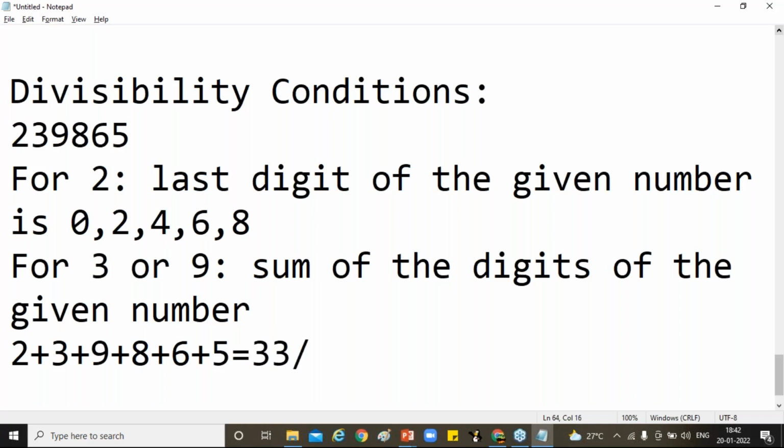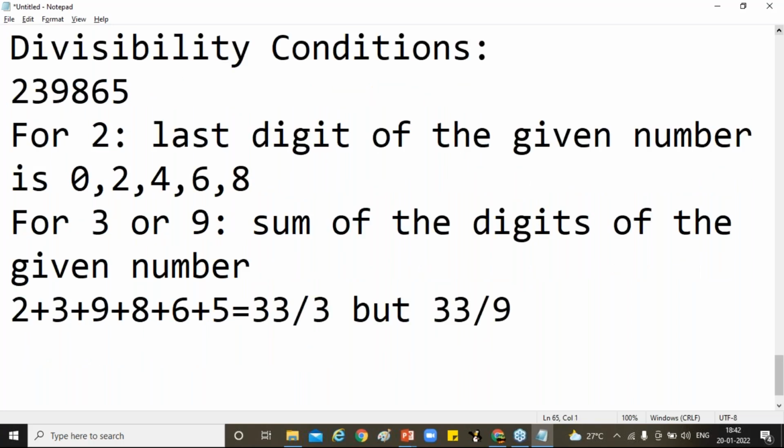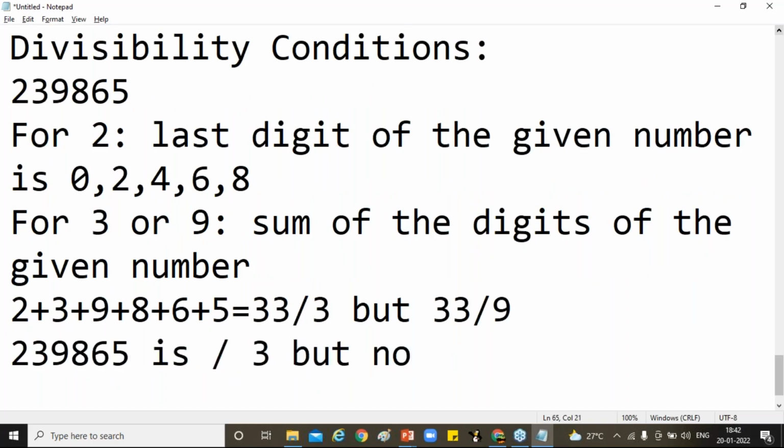Is 33 divisible by 3? Yes. So it is divisible by 3. But 33 is not divisible by 9. It means that the given number 239865 is divisible by 3 but not divisible by 9.